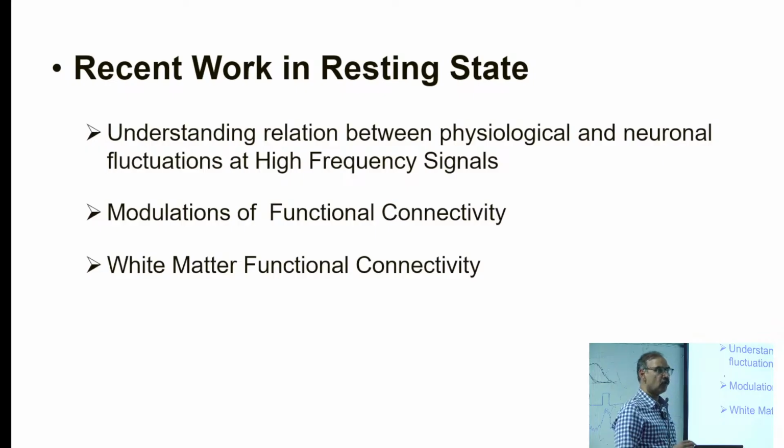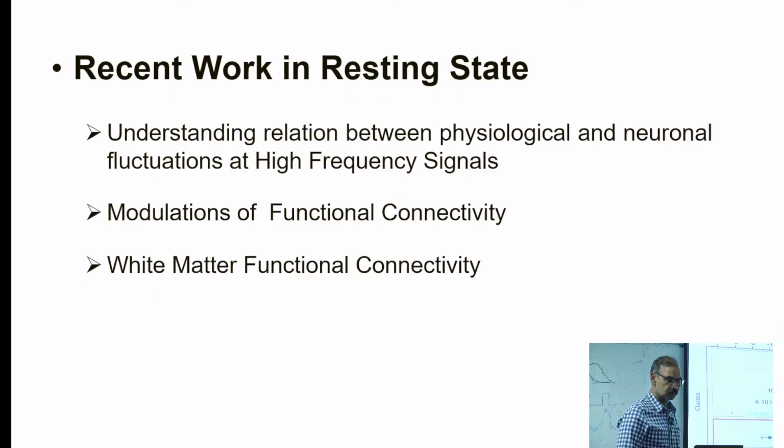What can we do with that information? And the third thing, which is the original resting state paper that I'm having a lot of trouble publishing, is looking at functional connectivity in the white matter.